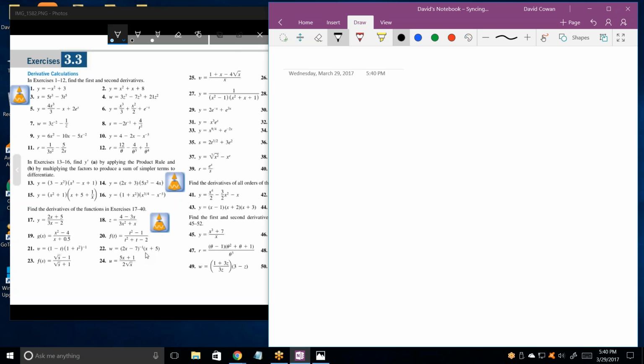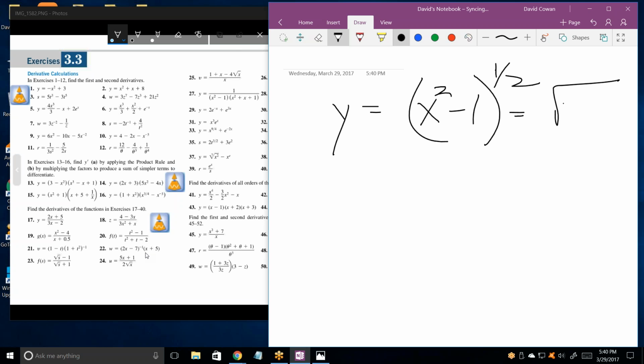Have you had trig function derivatives? No, I haven't. In other words, this is the same as the square root of x squared minus 1, right? Yep. If I want to take the derivative of this, what's the derivative of the outside?